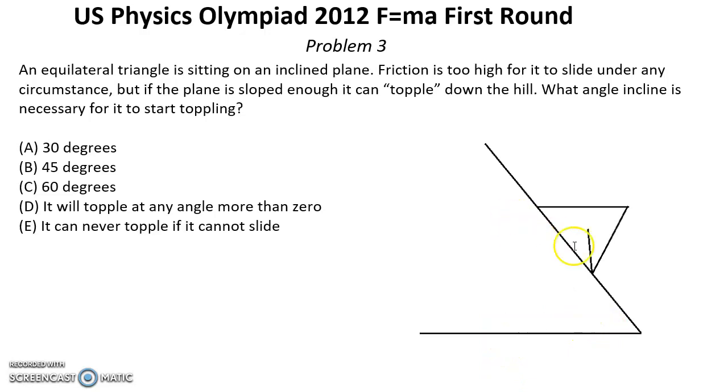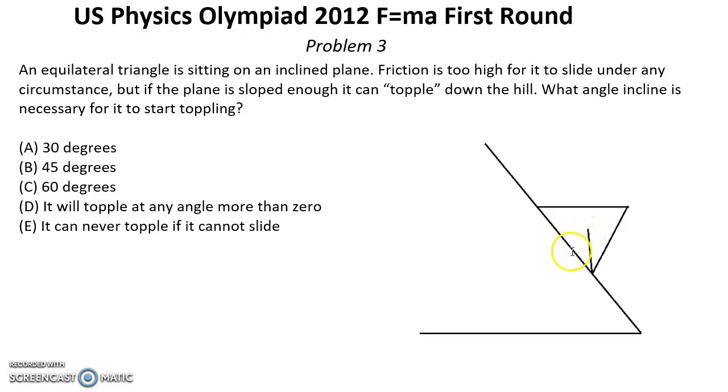Here we have an inclined plane, and we have an equilateral triangle sitting on this plane. Equilateral means that all corners are 60 degrees, and then the center of this triangle is the center of gravity for this triangle.